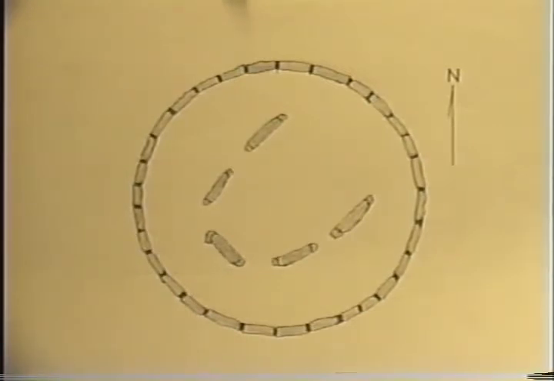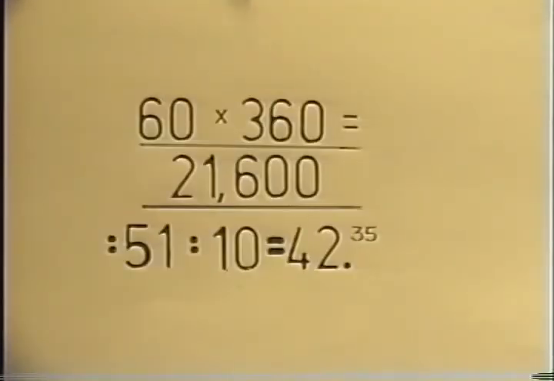It proposes a simple formula. 60 times 360 equals 21,600.